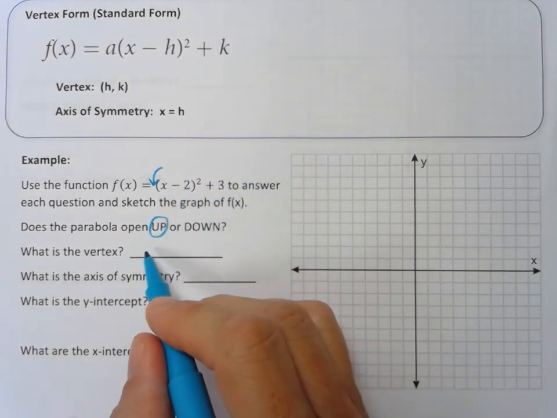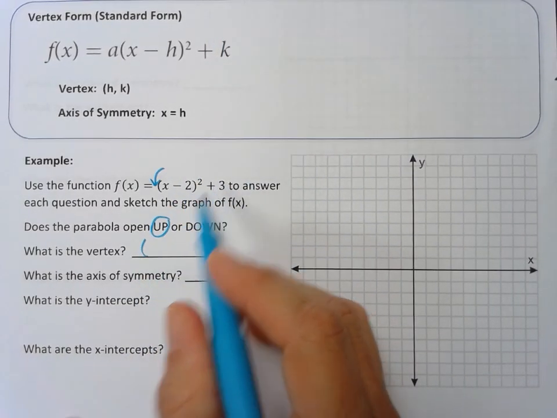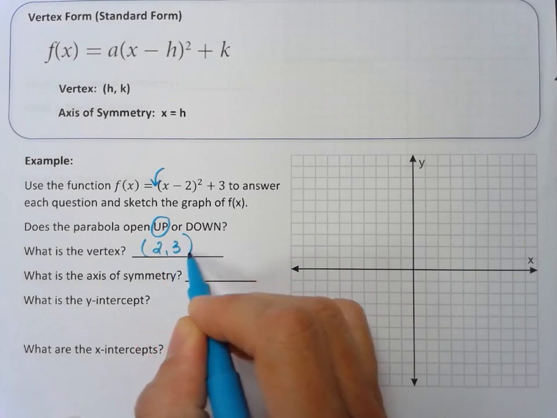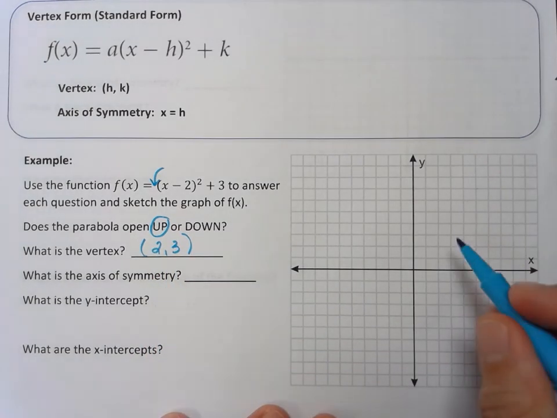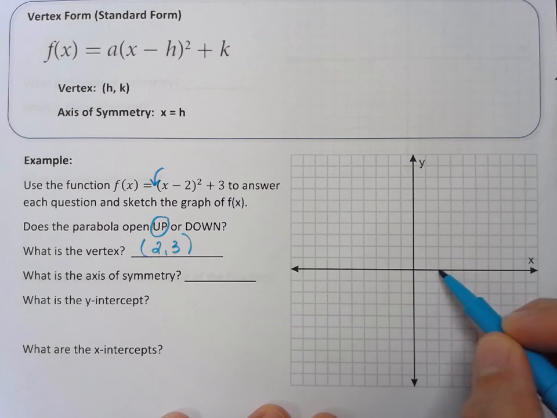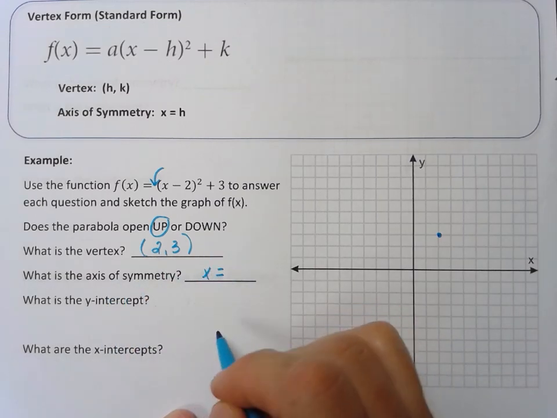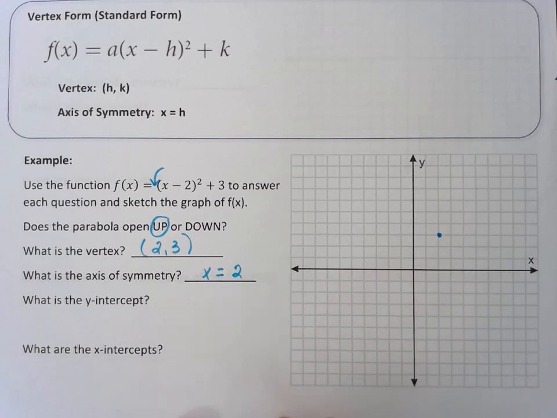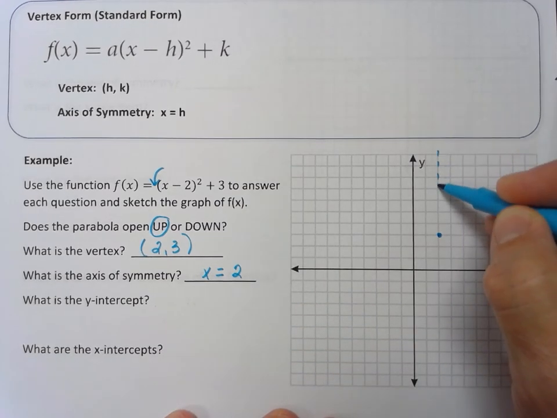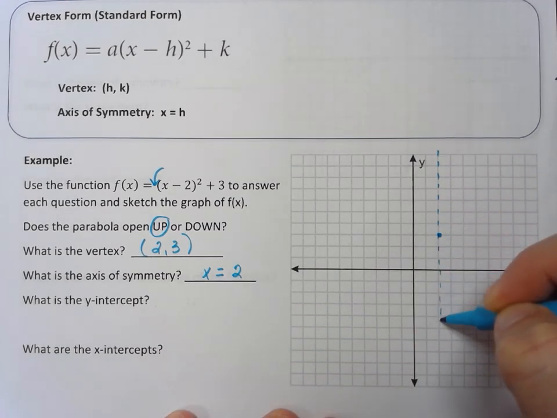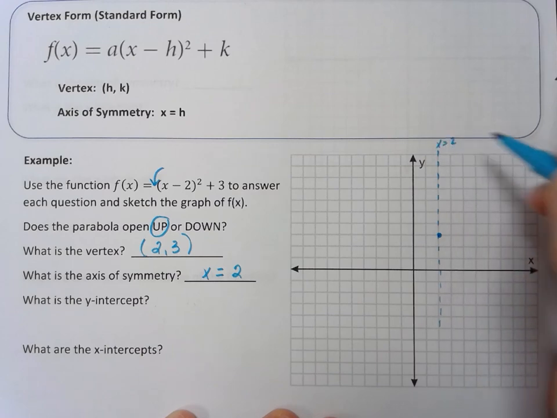So the vertex is the point (2, 3). If we were to graph that, 2, 3 would be here. The axis of symmetry is x equals the x coordinate of the vertex.